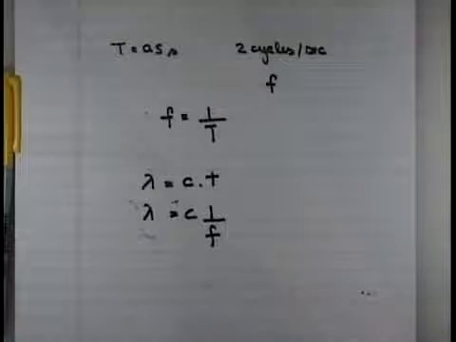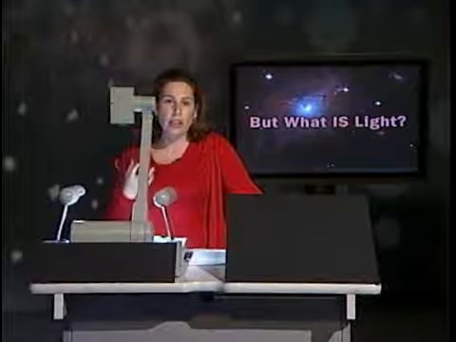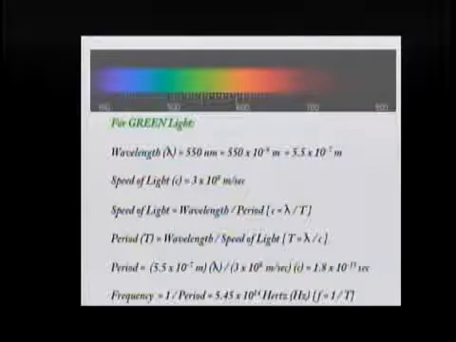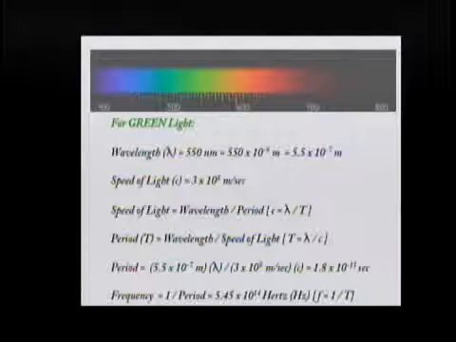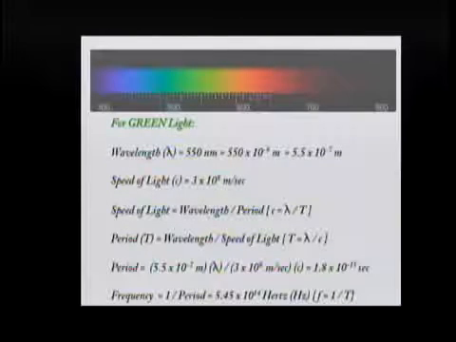So now let's see how this idea of wavelength, frequency, and period relates to the light we observe every day. If we look here in the slide, there is a spectrum of different colors. You see that the light can be determined by either its wavelength or its frequency or its period. In this case, what's showing here is the wavelength.